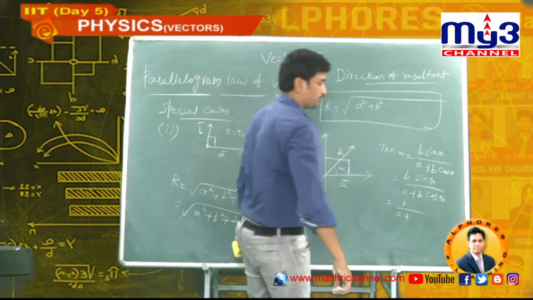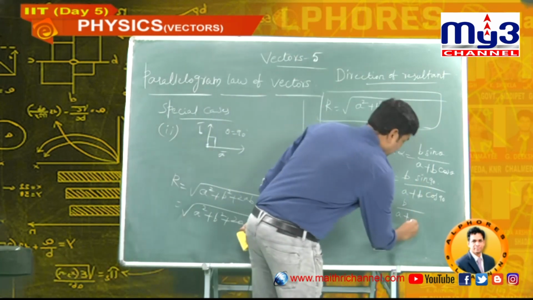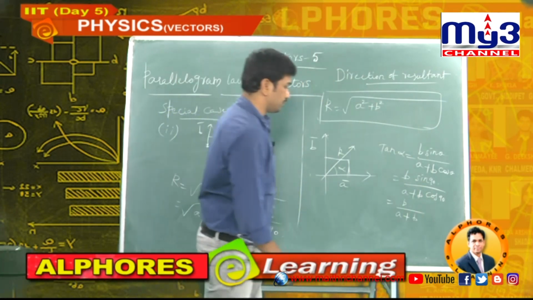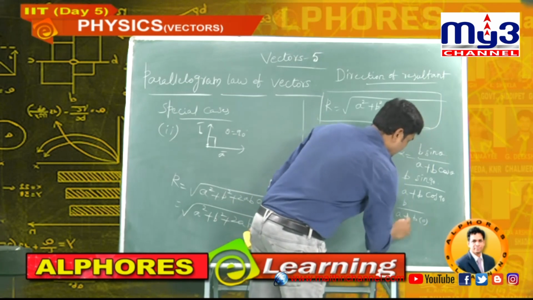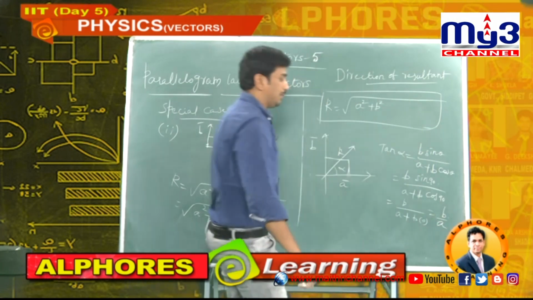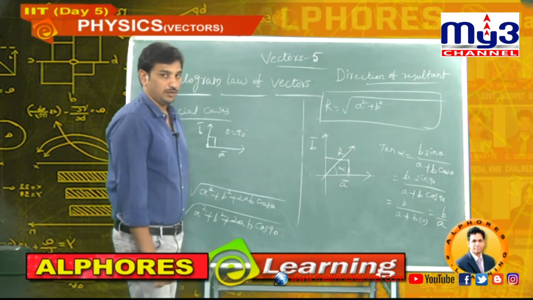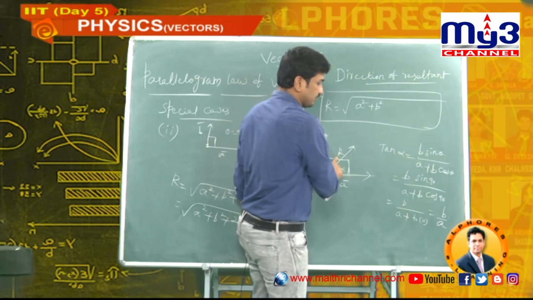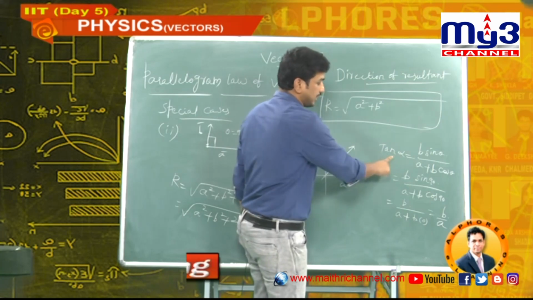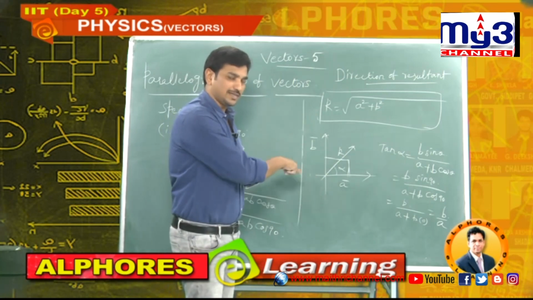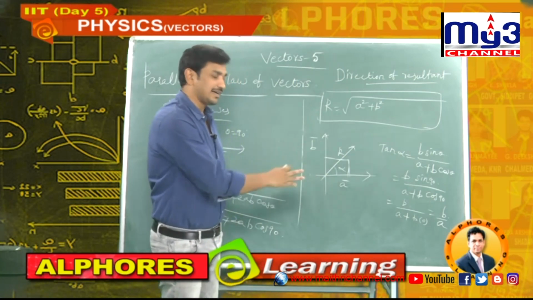A plus B into, what is the cos 90 value? Cos 90 value 0. B into 0, 0. What is the answer? B by A. So here angle made by the resultant with A bar is tan alpha, that value B by A. Without doing that, in this case directly we can write the answer.